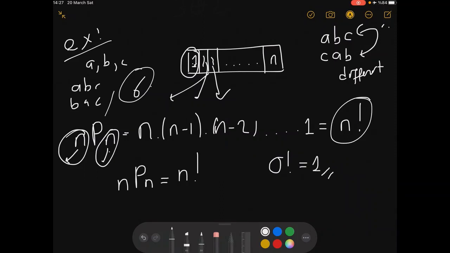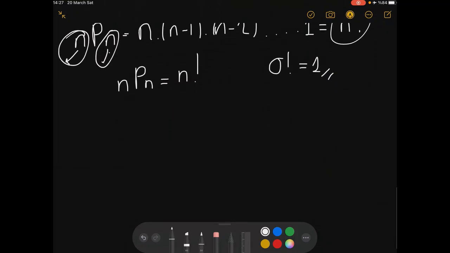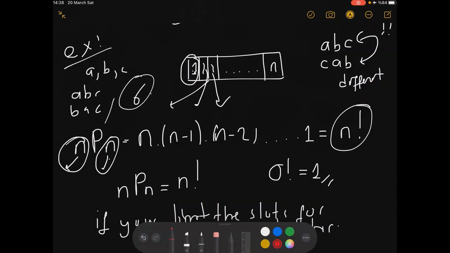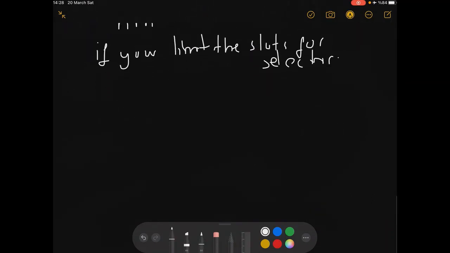And so you can say that nPn is n factorial, and 0 factorial equals 1, just for remembering. And if you limit the slots here for selection, it means that you will not use all of the slots here, but up to R, for example. You will have n elements this time, but you will have R slots to check for different orderings for them.